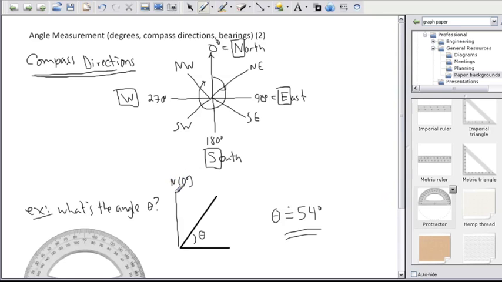If this is north or 0 degrees, we don't measure angles from here for compass directions. We measure them from north. In other words, I need to know this angle instead. Yeah, I need to know that one. If I know that one, I can say what's my compass direction. So in this case, I can use a little trick here. I know that this right here is 54 degrees.